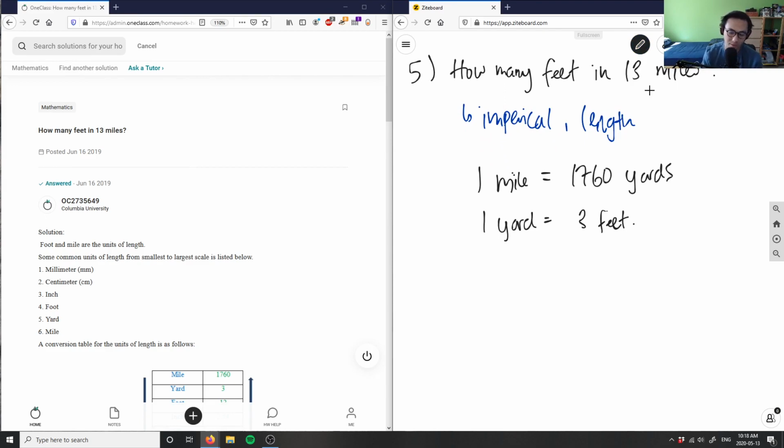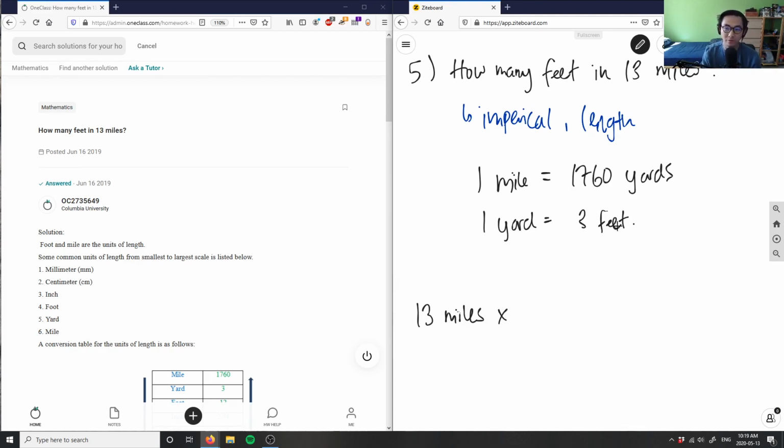So we're starting with 13 miles here. Let me write this down. See, the pen works. There you go. So I'm starting here with 13 miles. I'm going to multiply that by how many yards are in a mile?